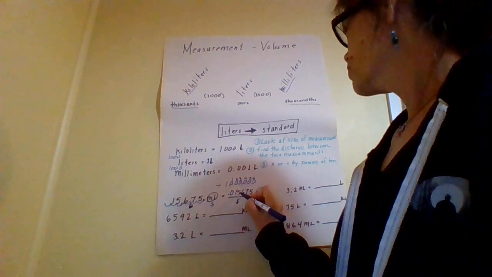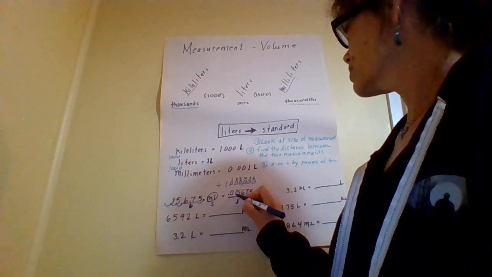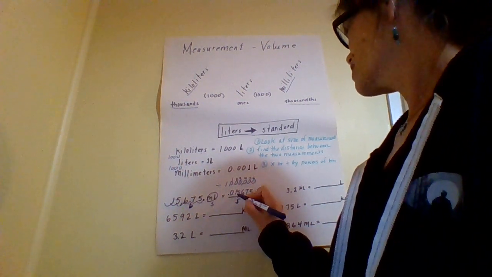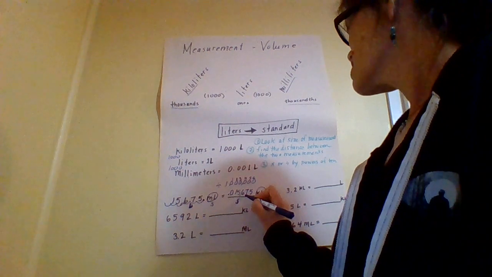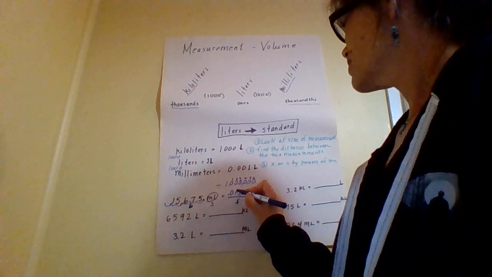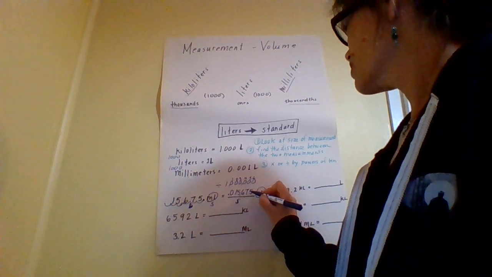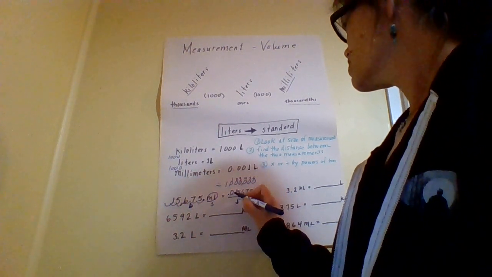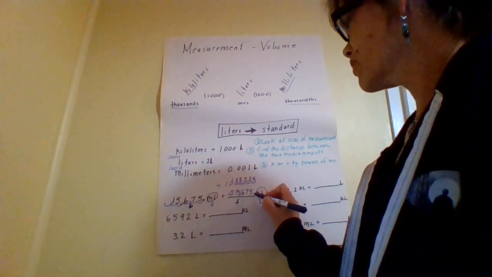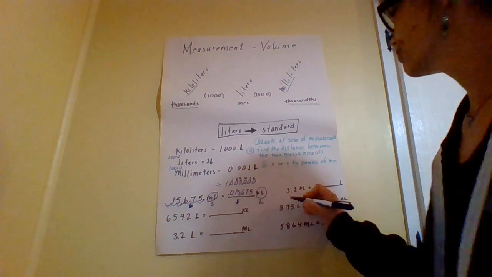So we ignore the zeros when we're saying these numbers, and we say that is 15,675, and then we count tenths, hundredths, thousandths, ten thousandths, hundred thousandths, millionths. So it's 15,675 millionths. Wow, it's a big jump.